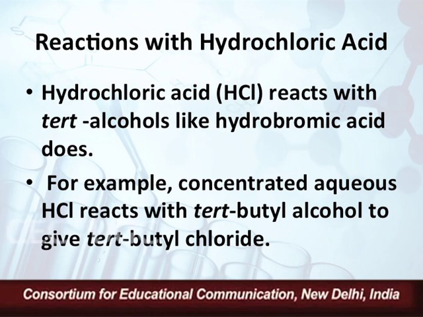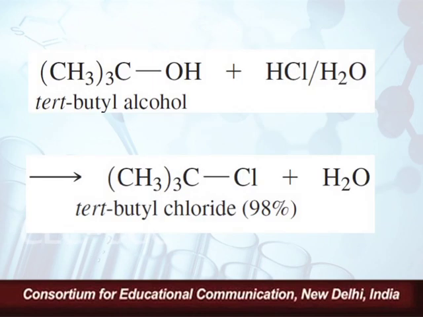Now we shall be concentrating on the reactions of alcohols with hydrochloric acid. Hydrochloric acid reacts with tertiary alcohols like hydrobromic acid. For example, concentrated aqueous HCl reacts with tertiary butyl alcohol to give tertiary butyl chloride in a similar manner in which HBr reacts with tertiary butyl alcohol.